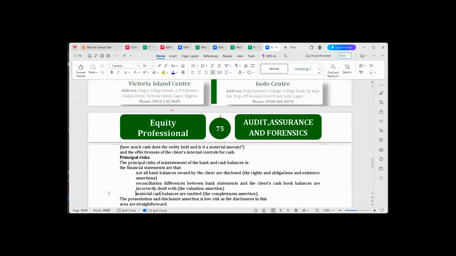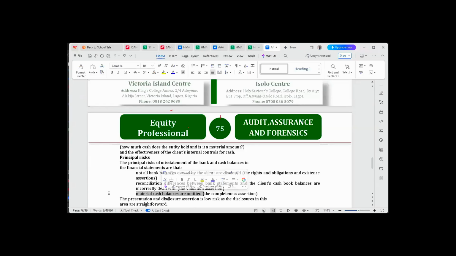Then you have material cash balances that are omitted. Sometimes management are given some money to carry out some transactions or expenses on behalf of the company, right? But they have failed to furnish the accounts department with all supporting documents to back up those transactions.